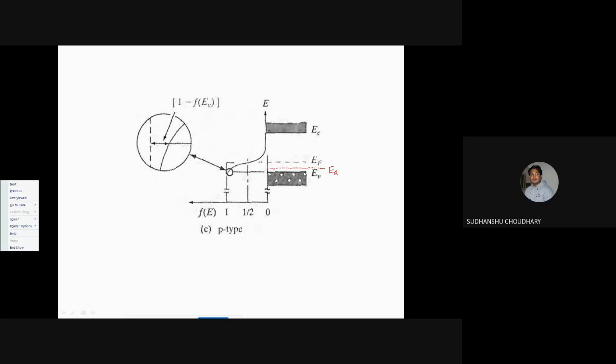So this acceptor energy level is created here. Now at room temperature, some of these electrons in the valence band can ionize and they can reach this acceptor energy level. Okay.